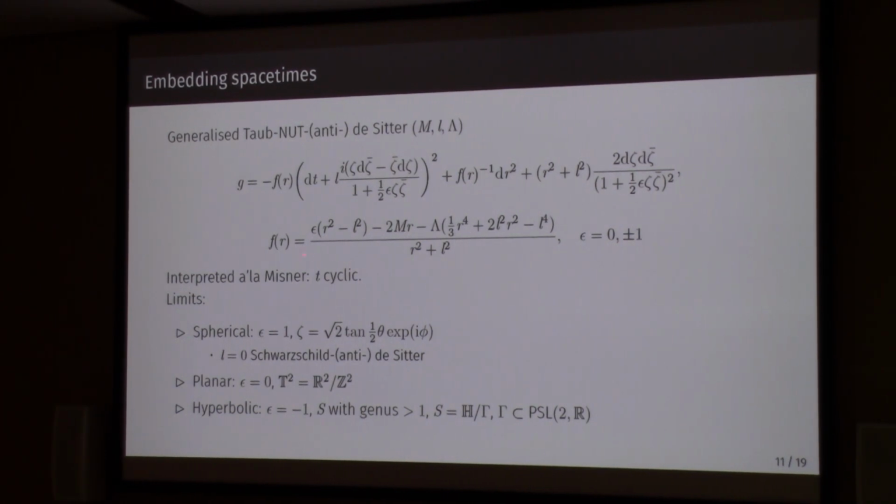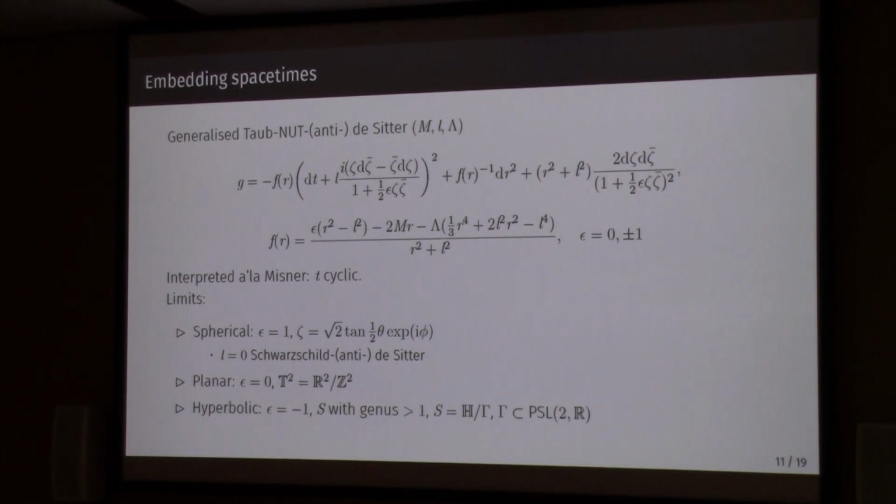One of the implications of the Misner interpretation is that T is now a cyclic coordinate, and it's exactly parameterizing the orbits of our U1-symmetry generating Killing vector field. And so for our case, the important one is epsilon equal to 0, which is the planar case, and then the torus follows as a quotient of the plane by some grid.